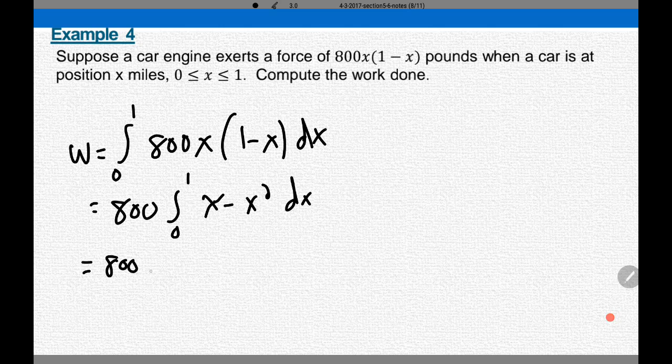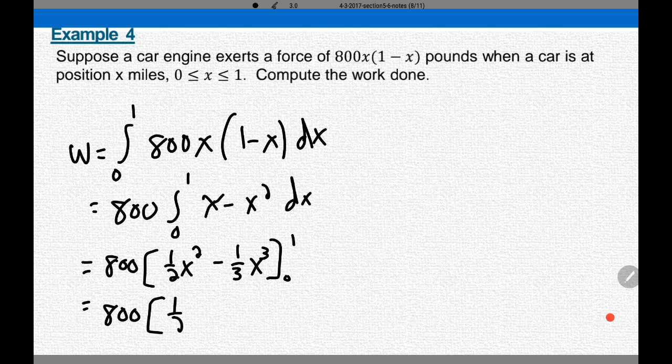That's 800, and then I've got just x there, so that's 1/2 x squared minus 1/3 x cubed, and we're going from 0 to 1. So that's 800, and then with the 1, I've just got 1/2 minus 1/3 here. 1/2 minus 1/3 is 1/6.